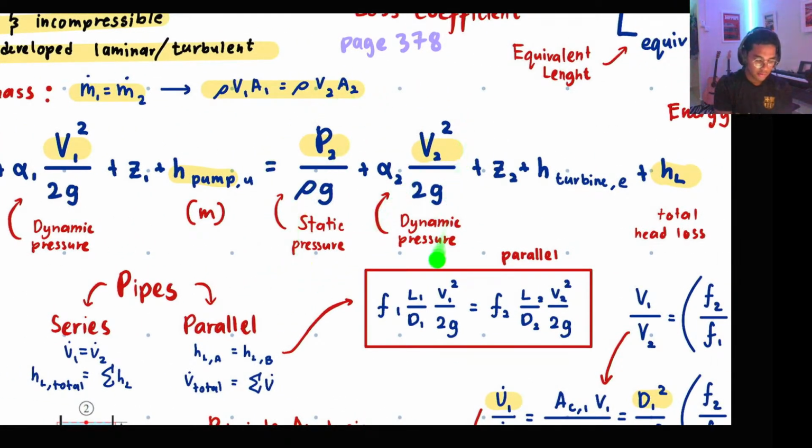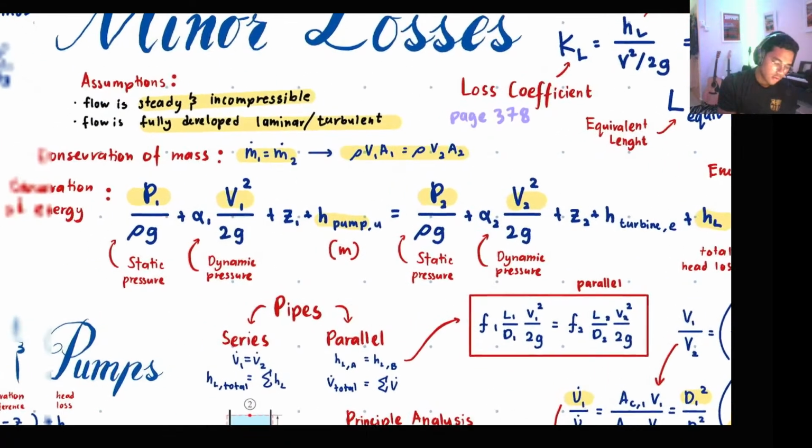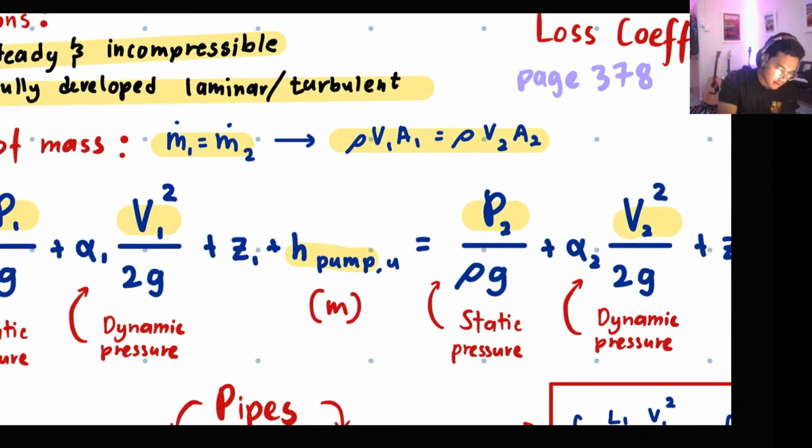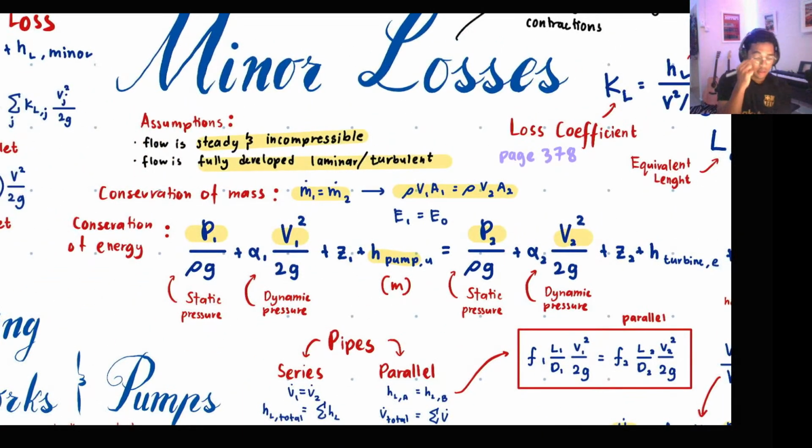This is the P2, V2, Z2, H turbine if we have a turbine, and finally we have the H loss, which is the total loss. So the conservation of energy basically states that the energy in is equal to the energy out.